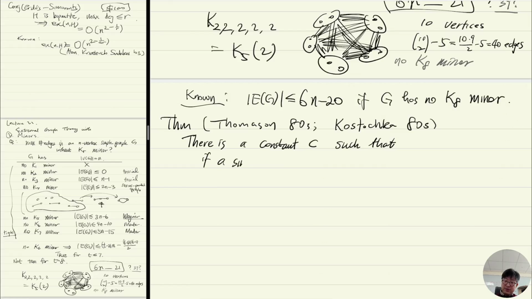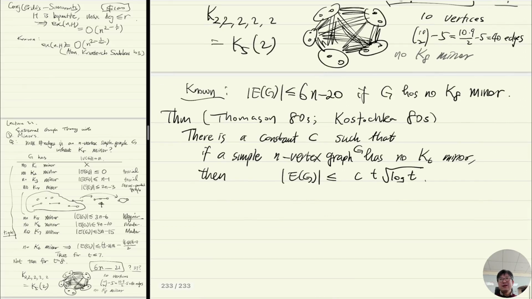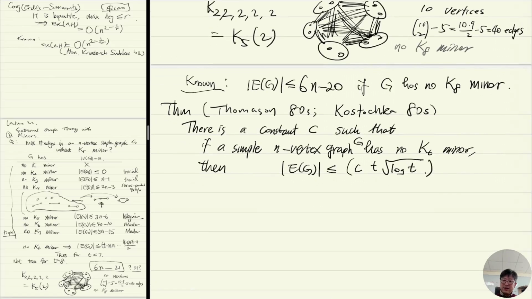if a simple n vertex graph has no Kt minor, then the number of edges is at most c t square root log t times n.